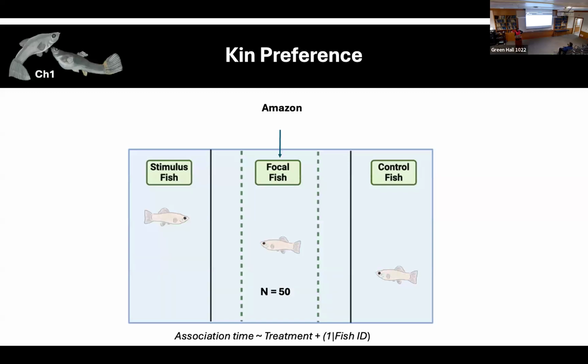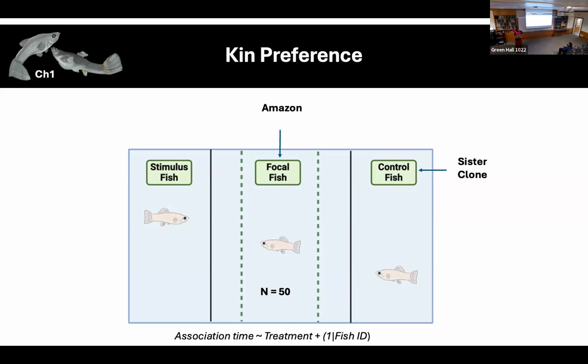So this is the Amazon in the middle. The control fish is usually a sister clone. A little bit of a clarification on sister clones and non-sister clones. Amazons are a clonal species that was generated through a single hybridization event. But over time, they've of course accumulated some genetic mutations, and there are several clonal lineages.